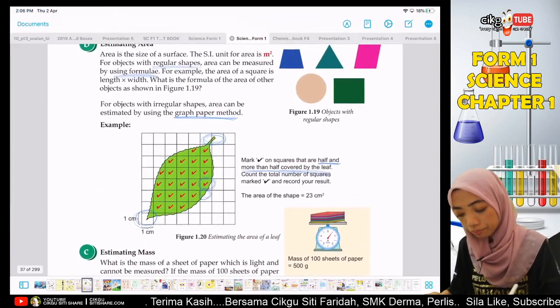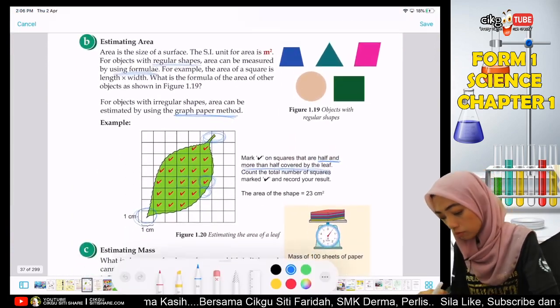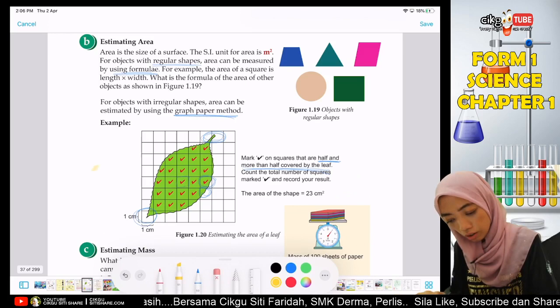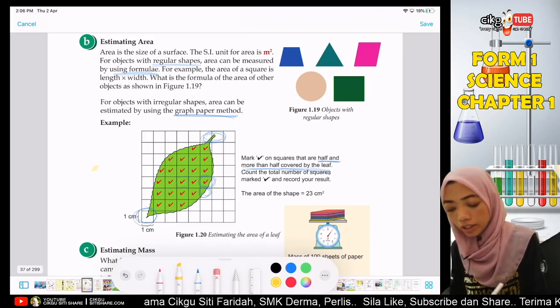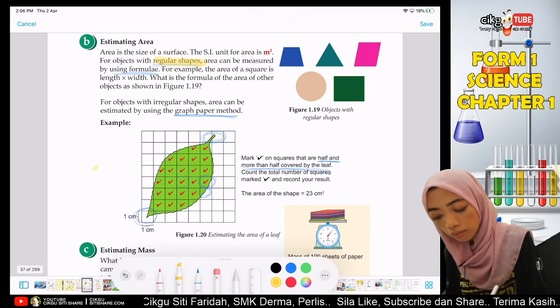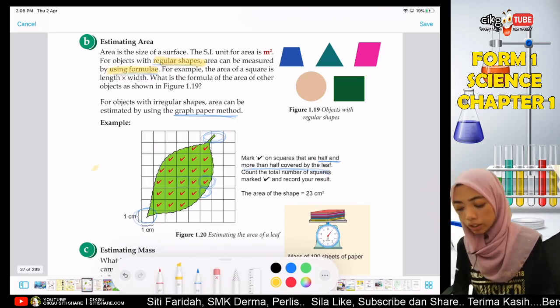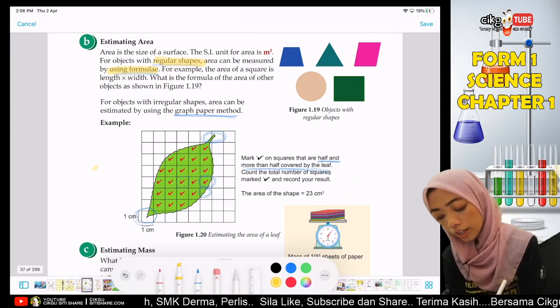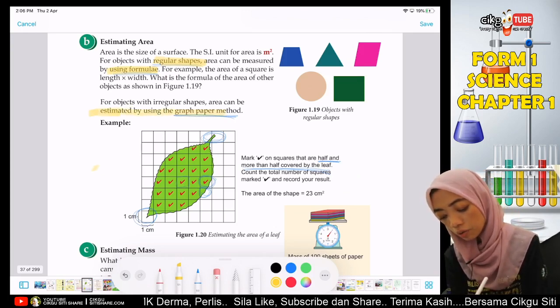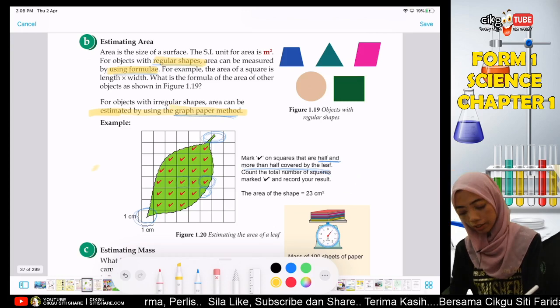For an object with a regular shape, we can measure using a formula. And for an irregular shape, we can estimate using the graph paper method.